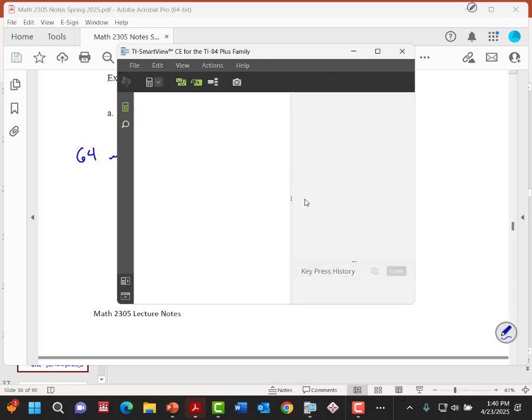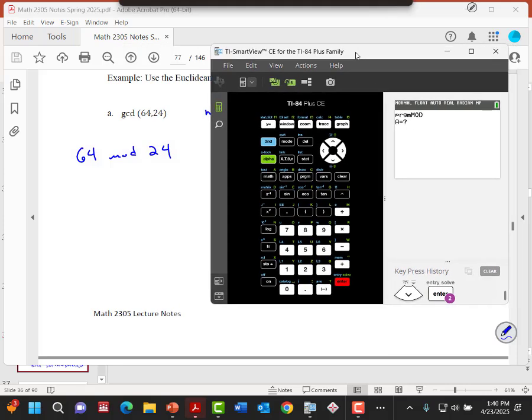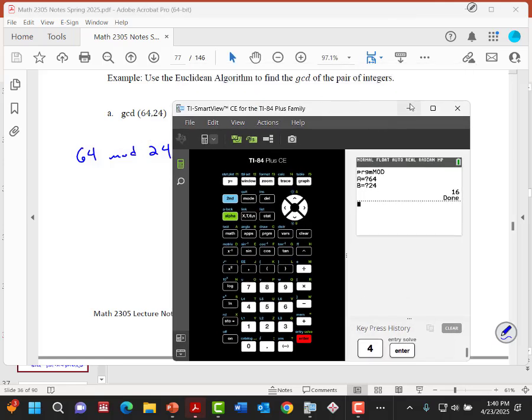In my TI-84, I programmed in a modular arithmetic program. The first value a is what I'm calling m, so 64, and the second value b is 24. So 64 mod 24 is 16.